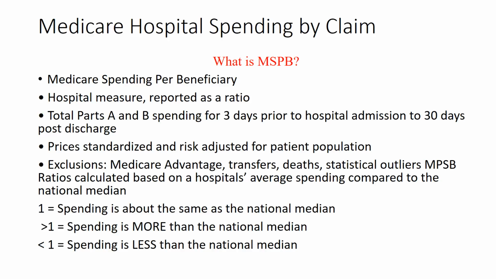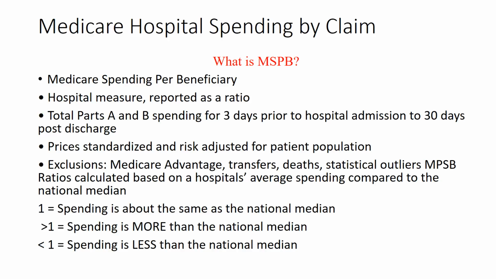It is also a ratio, that is a hospital measure ratio. It is divided into two parts, Part A and Part B, that is total Part spending 3 days prior to the hospital admission and 30 days post discharge. Prices are standardized and risk adjusted for the patient population.